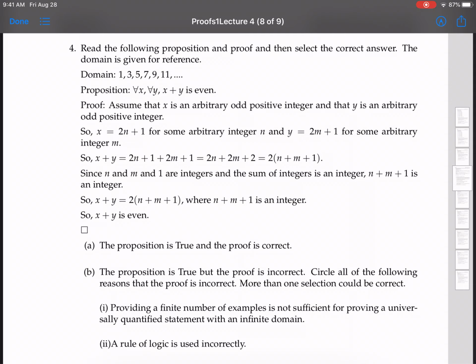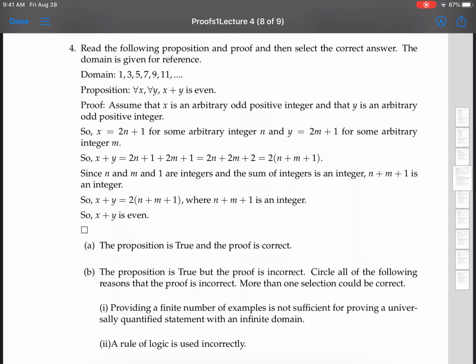Now notice the domain here is the odd positive integers. In later videos, instead of saying the domain is odd positive integers, we'll just say the domain is the integers, and we'll use an if-then statement.